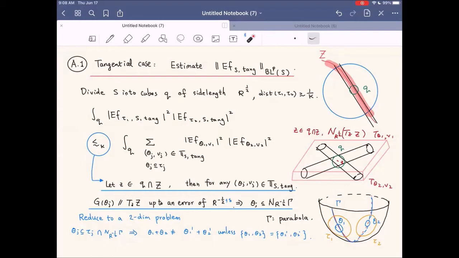What I wanted to say here is that when we consider the tangential case, we really reduce the dimension. So here is how we can see that we have reduced the dimension. The set of tangential tubes intersecting Q will look like a two-dimensional problem. And also, this is like the bilinear case. So here we are considering the two-broad norm.